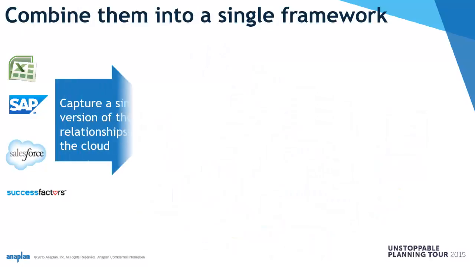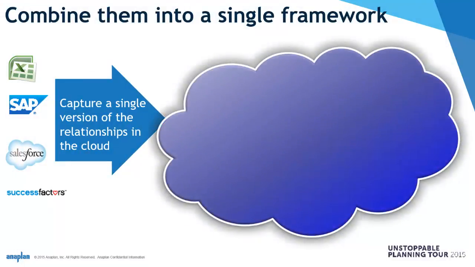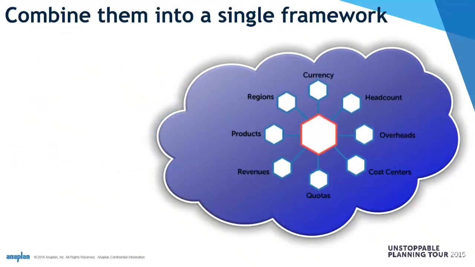So wouldn't it be interesting if instead we could capture a single version of the relationship between these things in the cloud? So join those together into a model that says, here's the standard definition of our regions. Here's a standard hierarchy and list of our products and revenues and quotas, and join that into an integrated framework. Now, the benefit of doing that is a couple of things.